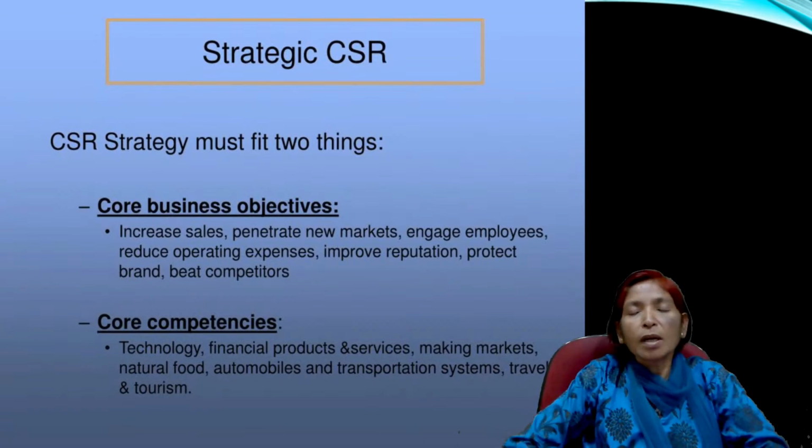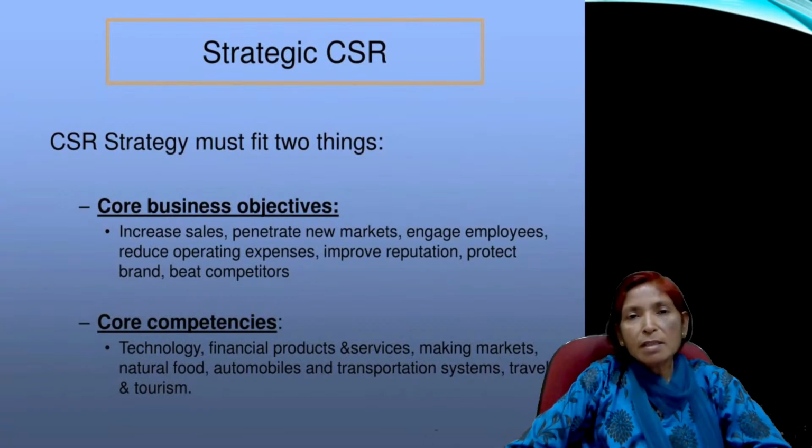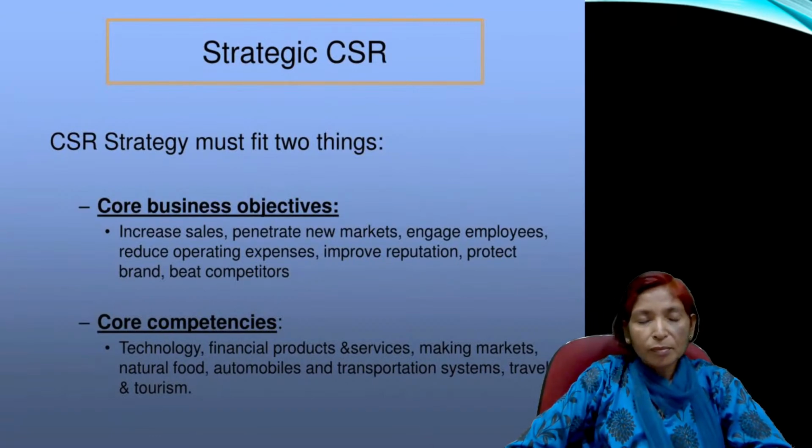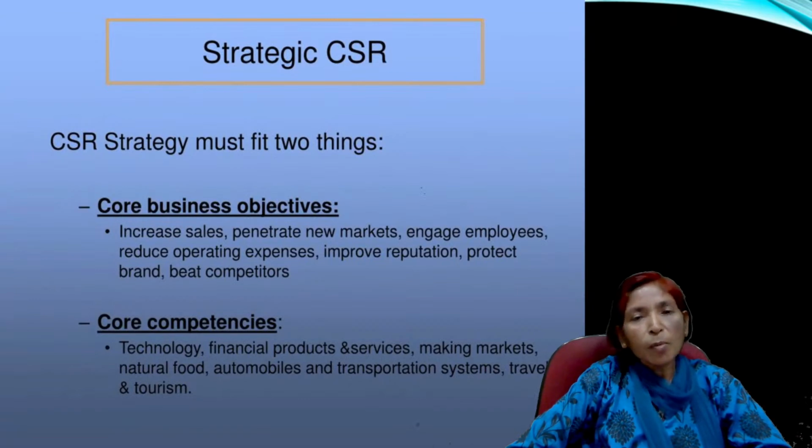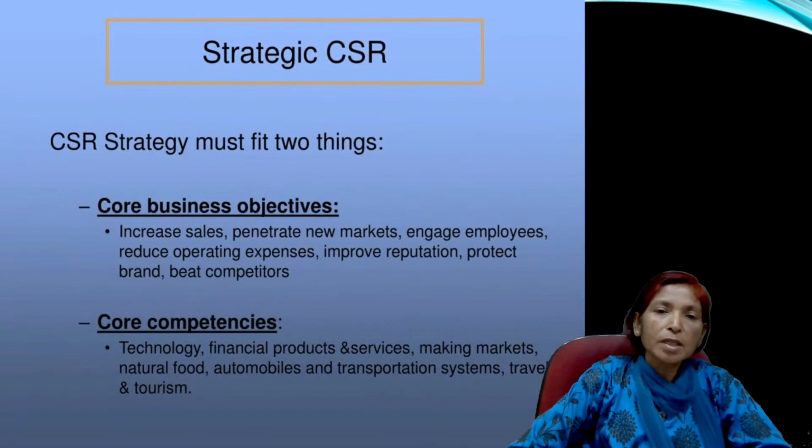And what are the core competencies? Competencies are like technology. We should use good, competent technology, which can produce more output at minimum cost. And financial products and services, making markets, natural food, automobiles and transportation systems, travel and tourism.